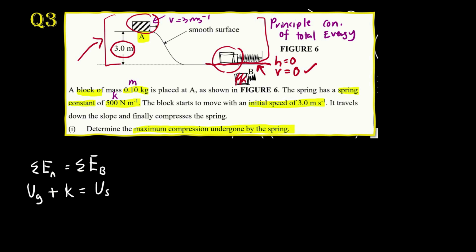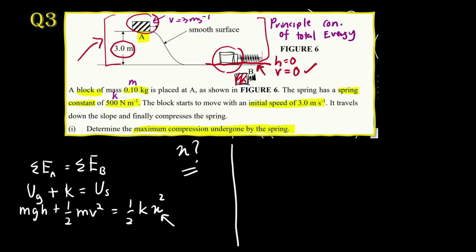So let us substitute the equations: gravitational potential energy mgh plus kinetic energy half mv squared equals half kx squared. So that is our equation, and we want to find s. Let us substitute all the values in.